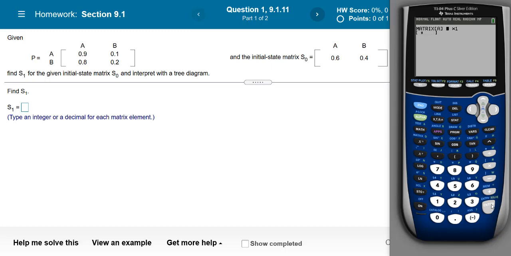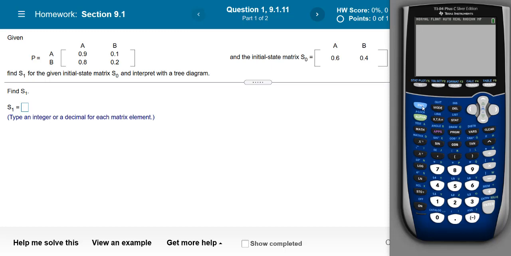Now this is a 1 by 2 matrix, and we enter our two numbers. Second, quit to exit out of the matrix editor, and that will be saved.